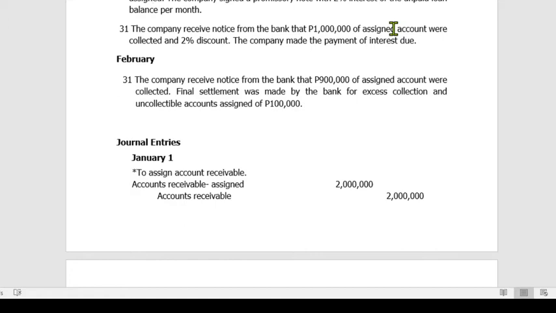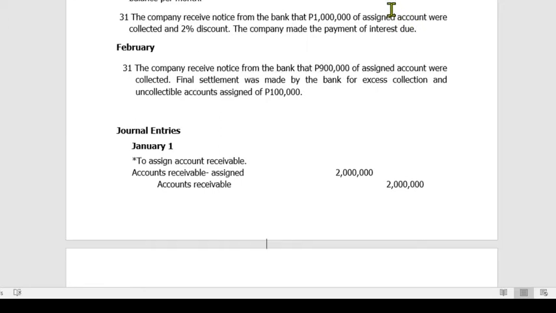Kasi nga notified na ang mga accounts receivable whole accounts na ang pagbabayad nila ay doon na kay bank or doon sa financial entity or doon sa assignee ng kanilang mga receivable account. So, may nagbayad na daw ng 1 million at merong 2% discount na ibinigay yung bangko for that. The company made the payment of the interest due. Magkano interest due? Sabi kanina, 2%. Okay.